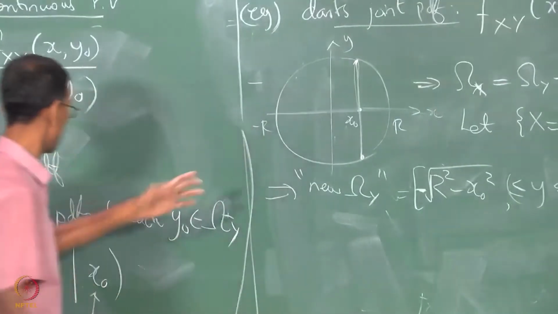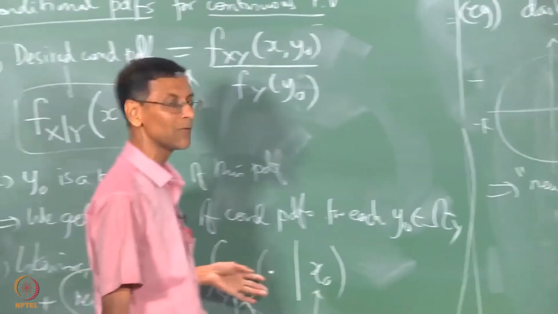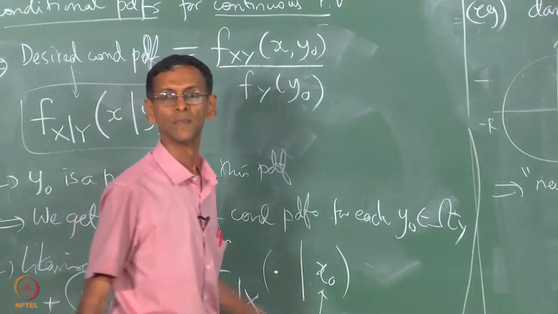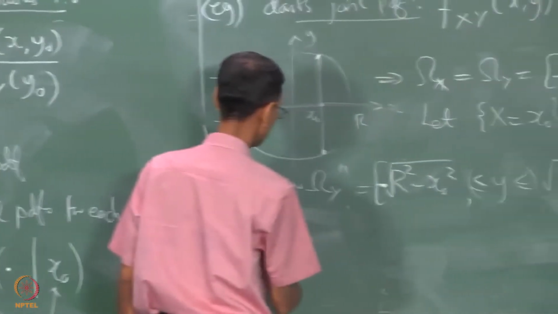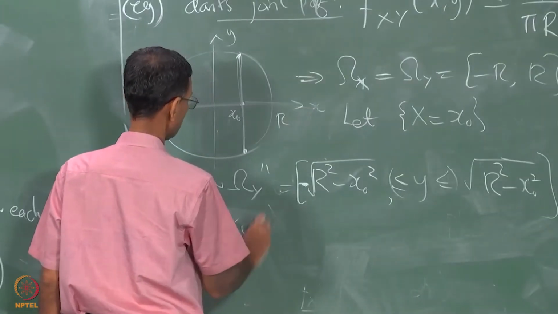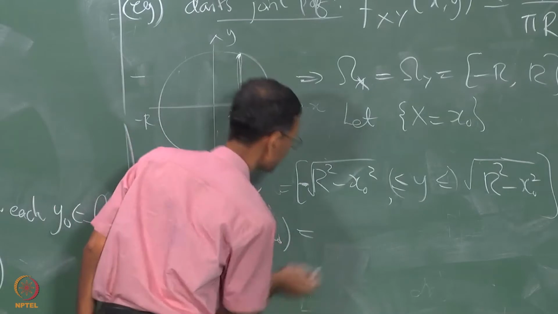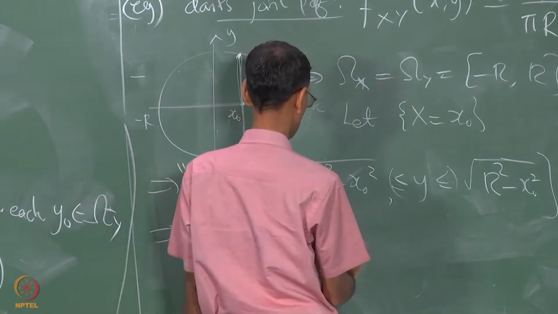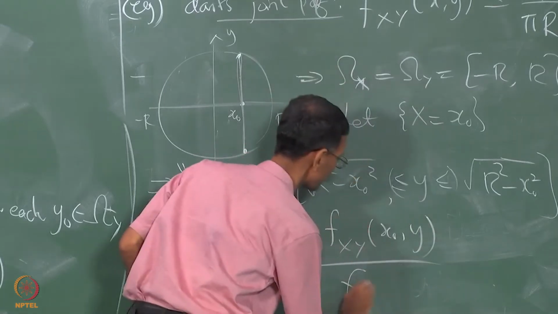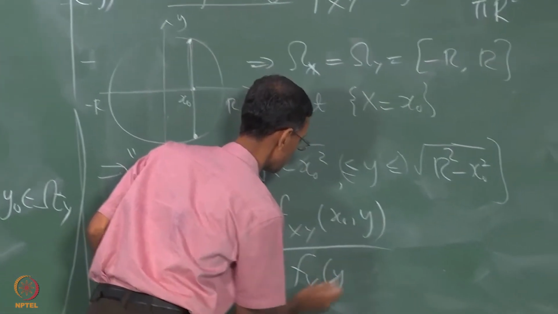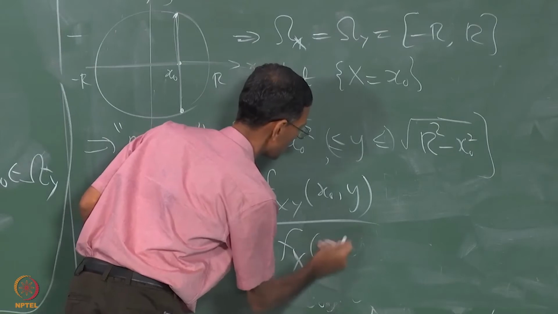Now once you have written that, all we have to do is plug it in. So what is f of y given x, at y given x naught? It is basically f of x y at x naught comma y, divided by f x of x naught.